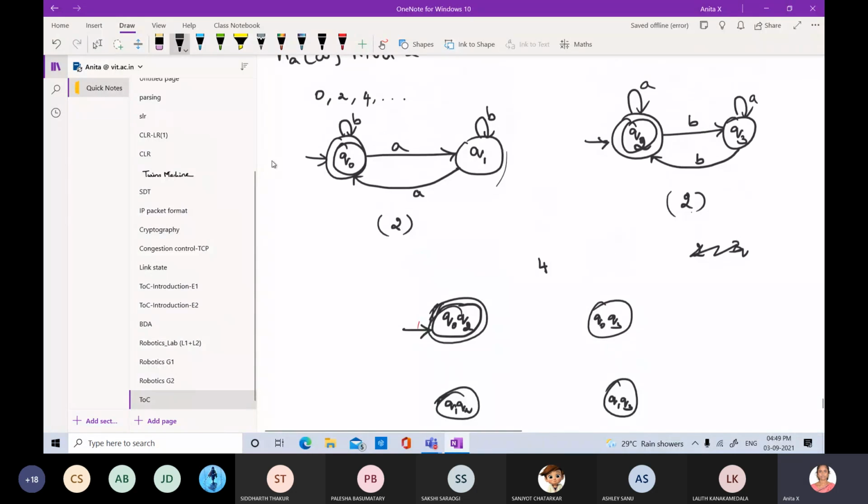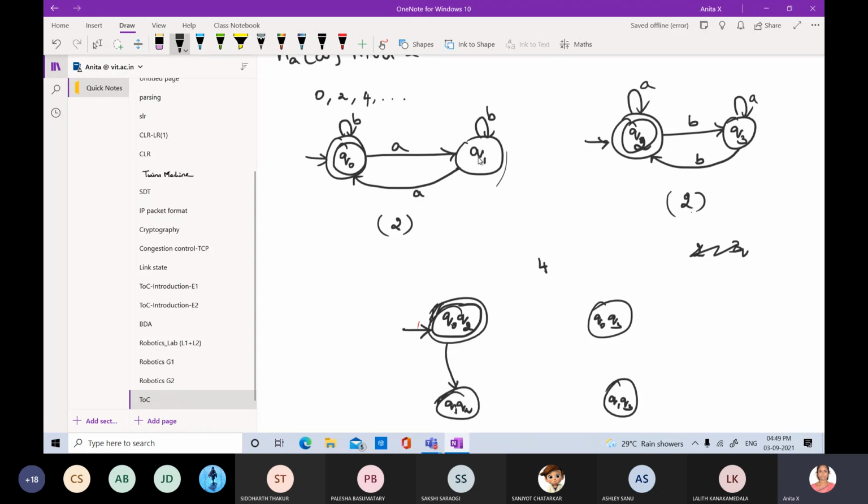Here you can see that from Q0, on input symbol A, I have a transition to Q1. Here there is Q0, here there is Q1, so on input symbol A, I have a transition to Q1.